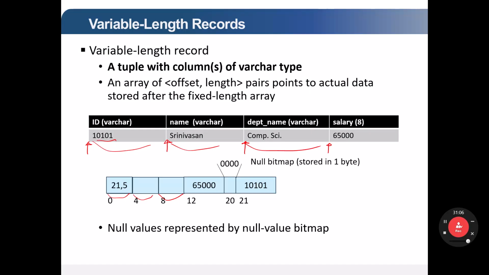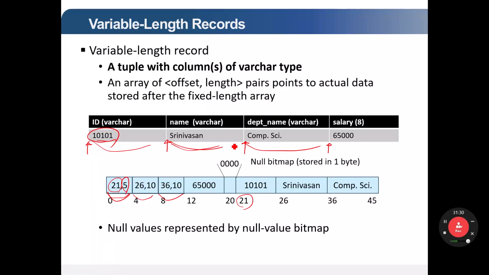Then we will store the length in this first 4 bytes, and also its starting offset will be stored here. And for the second attribute, its starting offset is 26. We will store it here, and its length will be stored here. And for the third one, we do the same.